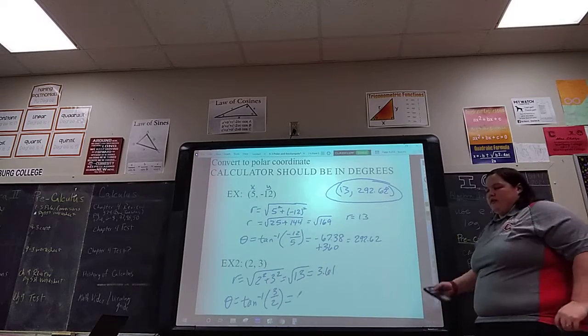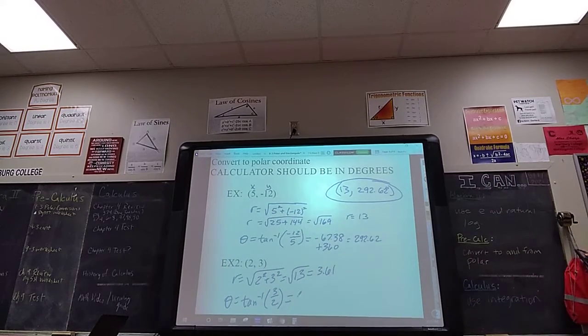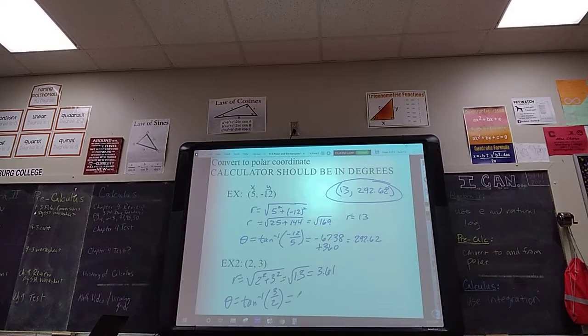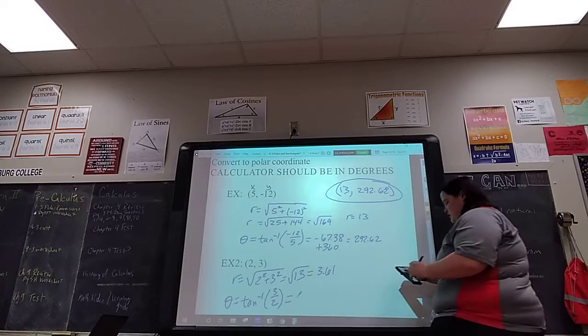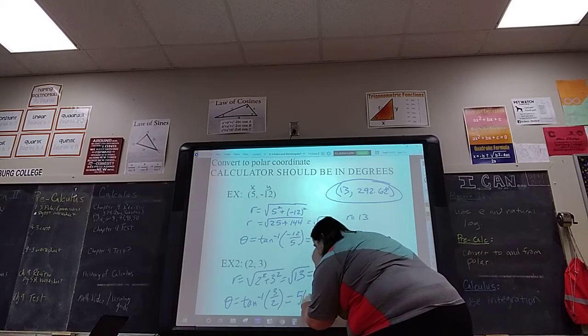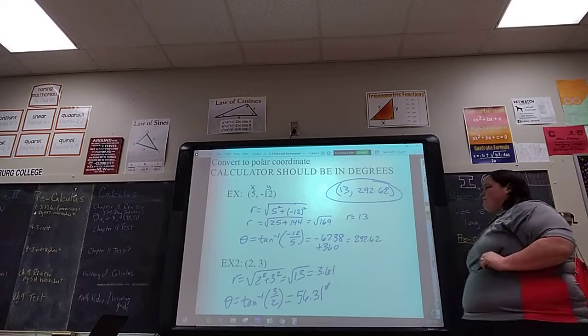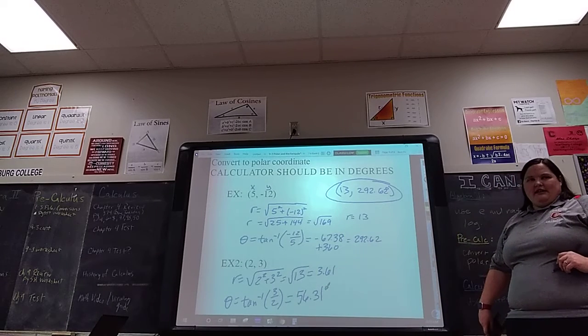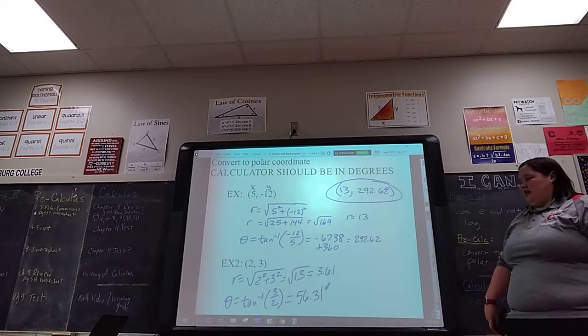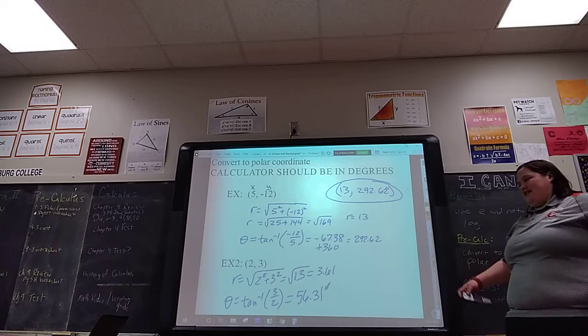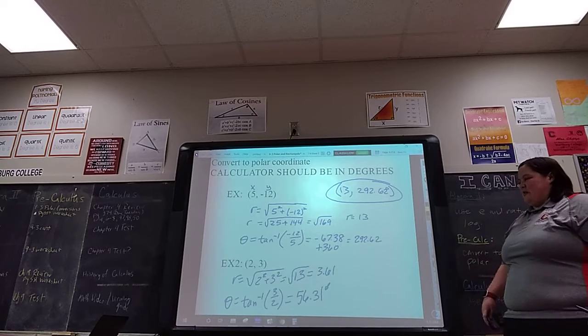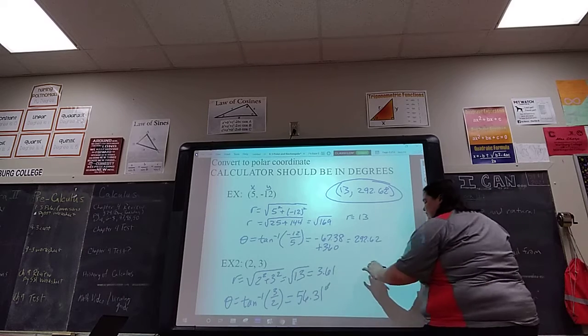So then it's tangent inverse of y over x. Make sure you do y over x. So you do tangent inverse of 3 over 2. Right, 56.31. So again, if neither one of them is negative to start with, you don't have to do anything extra for theta.